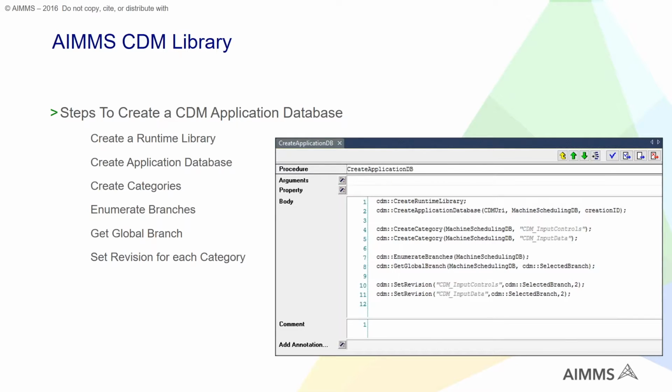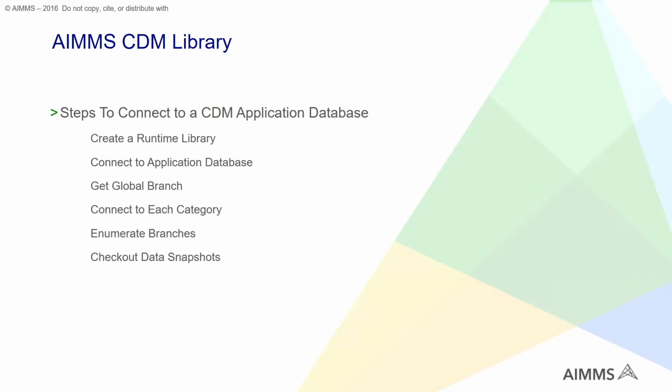However, once we've done that and want to reuse our application, we will deploy it. And every time a user opens an application, we have to make sure that he is connected to the CDM application database. Then again, we have to have a startup procedure that runs the connection steps. So first of all, as before, we have to create the runtime library and have the runtime library running.